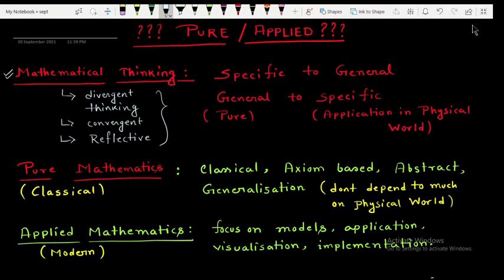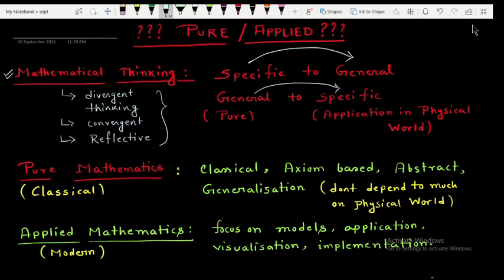Now through these thinking processes we can make a process which is called a transformation. This transformation is nothing but specific to general and general to specific.